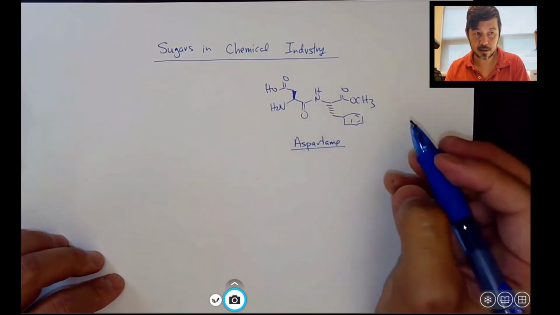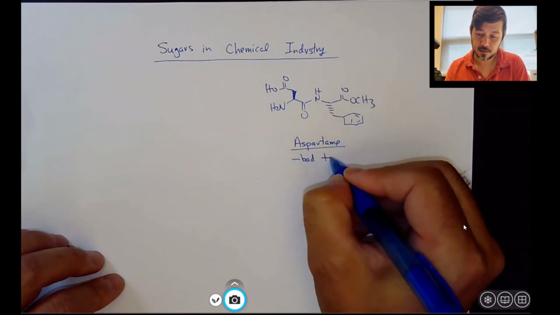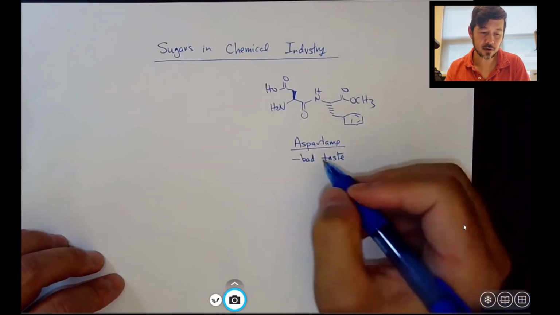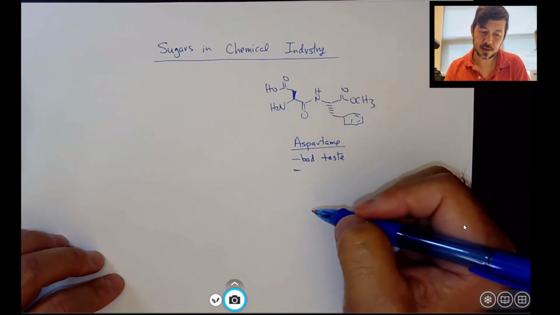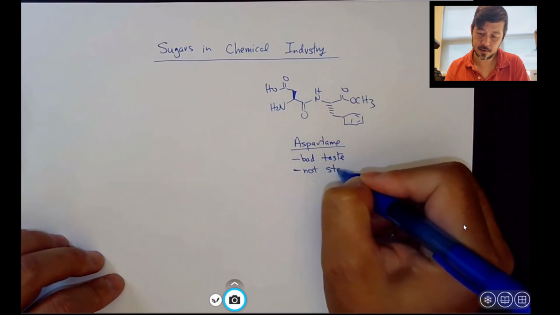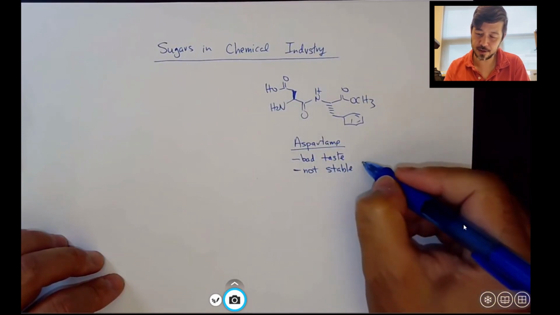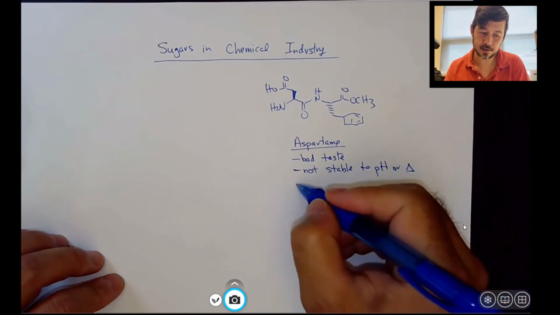Some people like it, but others think it has a bad taste. It doesn't really taste like sugar, and you can't really bake with it either, so it's not stable to heat or pH. So you won't find this in cakes or cookies. It's typically just added to drinks.